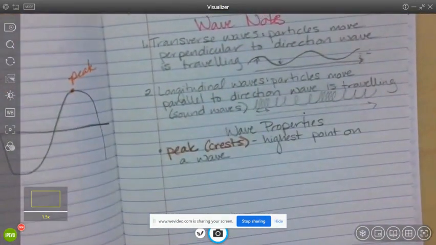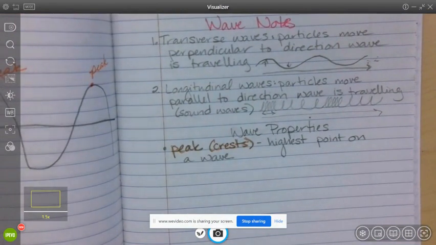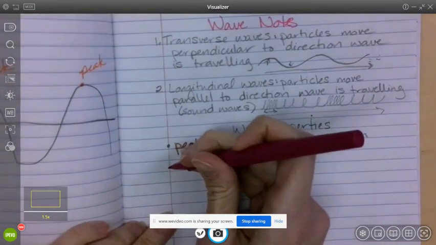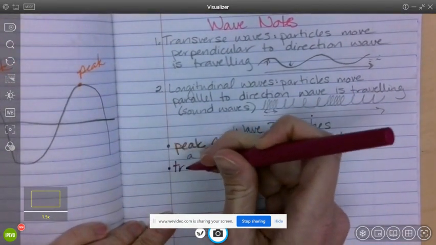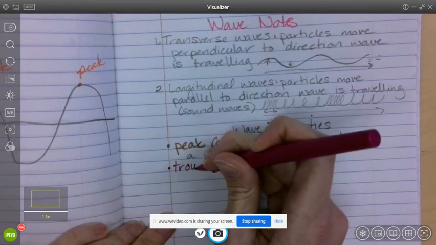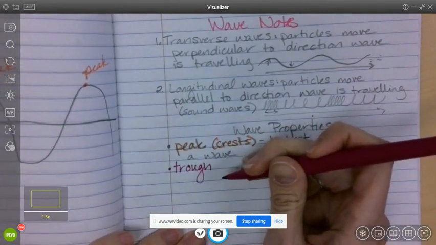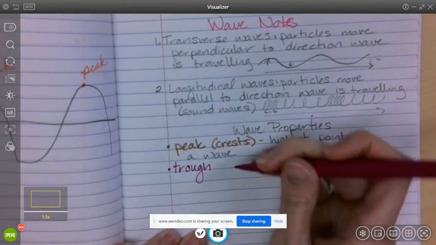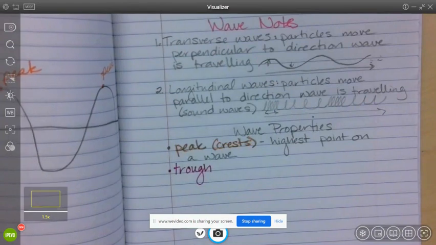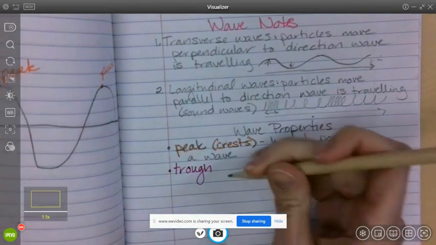Next, we're going to talk about the troughs. Trough, everybody say it out loud. Trough. Trough is spelled like this, T-R-O-U-G-H. Trough. It's pronounced trough. Horses and pigs eat out of a trough. And the troughs are the lowest points on the wave.